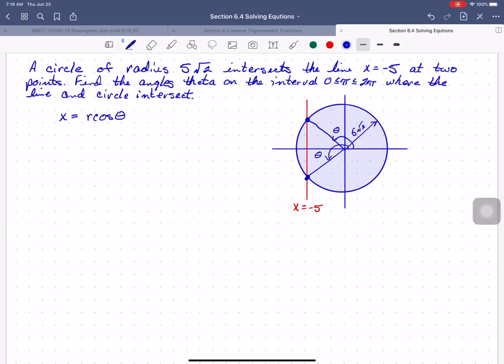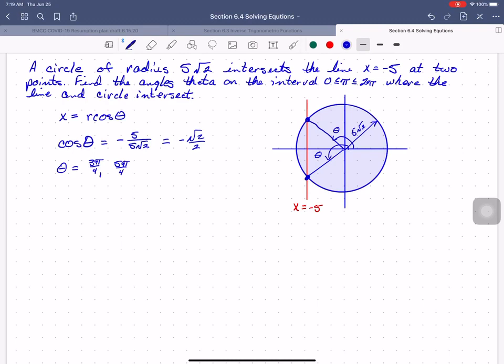So I know that the cosine of those angles is equal to x over the radius, which is -1 over square root 2, which is -√2 over 2. We recognize that as 3 pi over 4 and 5 pi over 4.